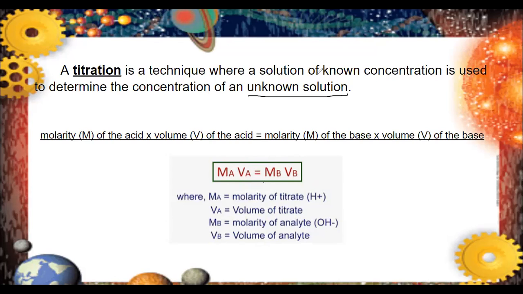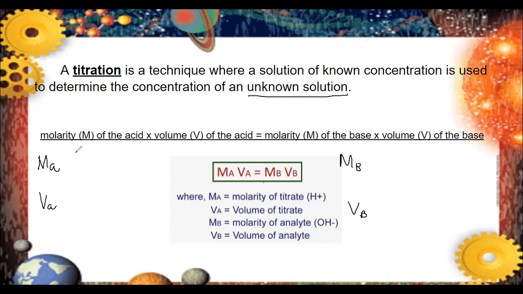So we are going to break down the formula into 4, wherein we need the formula for the molarity of acid, volume of acid, the molarity of base, and the volume of base.